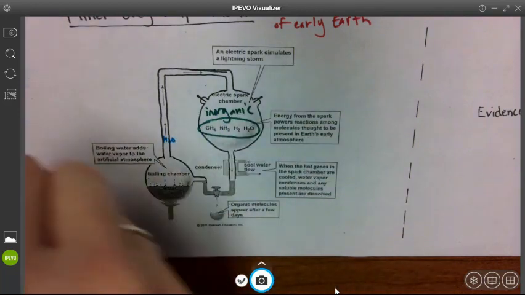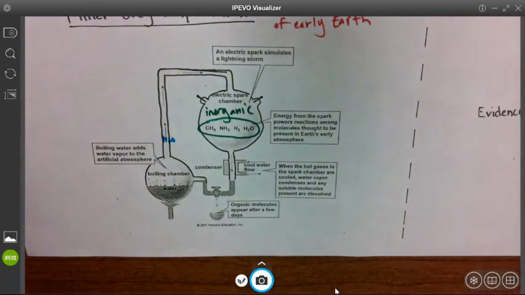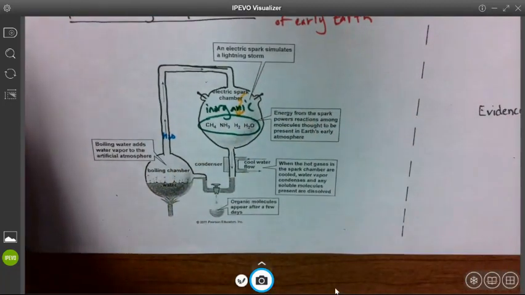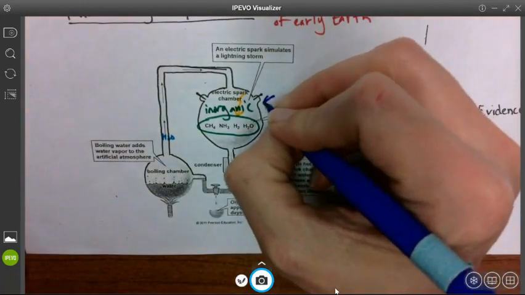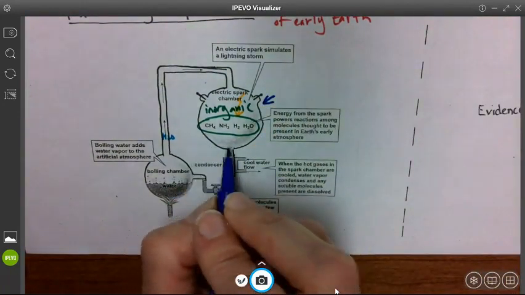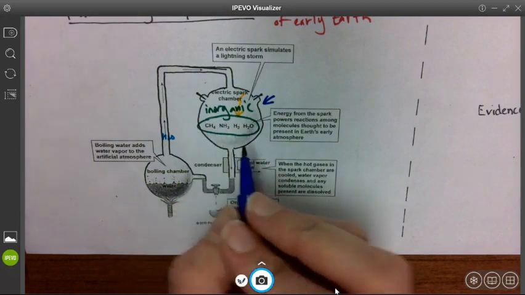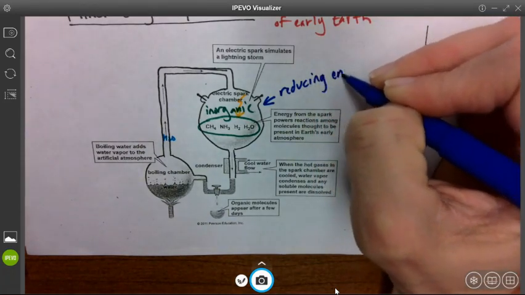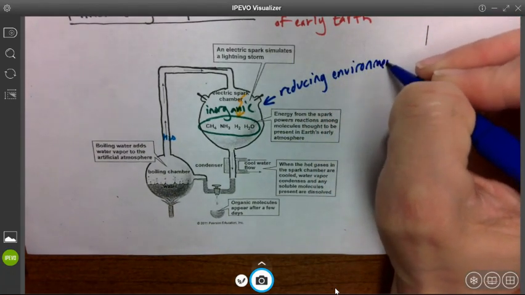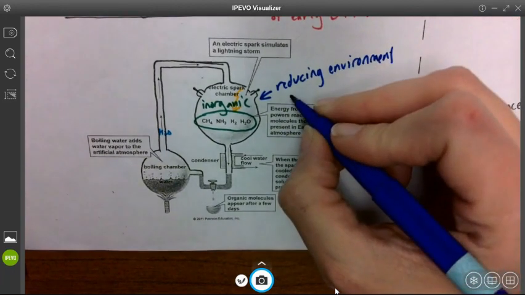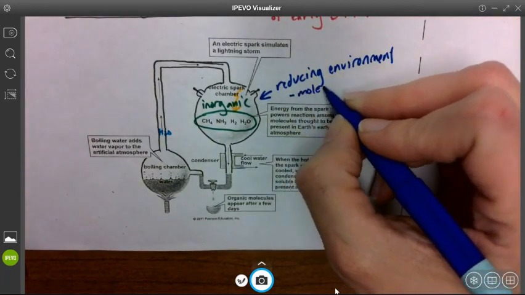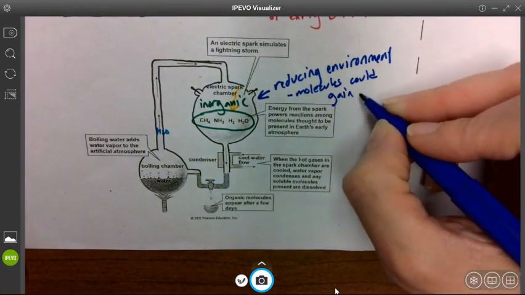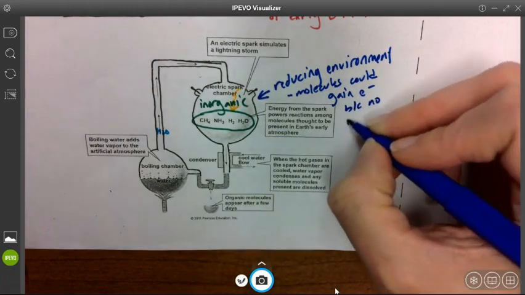They added electric sparks to simulate a lightning storm, because early Earth had a lot of lightning. They also made sure that this environment contained the inorganic materials from early Earth, which basically means they set up a reducing environment, which means molecules could gain electrons because there was no free oxygen.